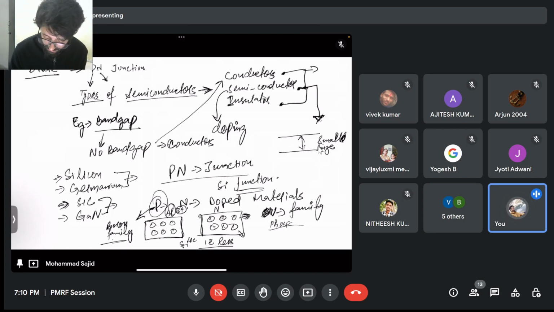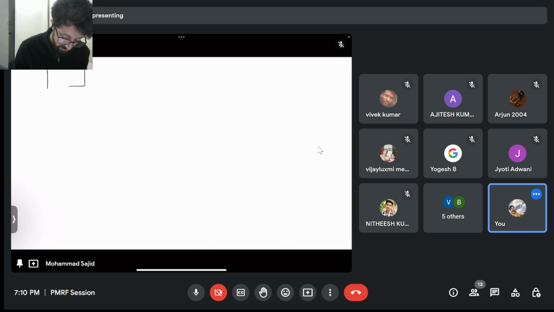Similarly, in n-doped silicon, you will have silicon replaced by an atom which has 1 more electron. So in a nutshell, in p-type you have fewer electrons, and in n-type you have more electrons, right? Is it understood? Yes, sir.